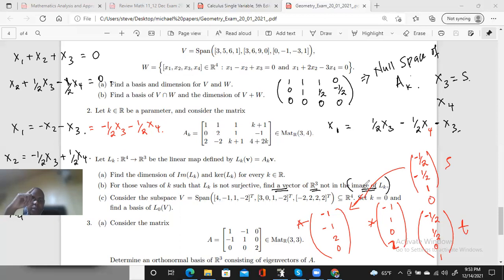The first case was when k equals -1, and in that case, the dimension of the image was 2 and the dimension of the kernel was 2. When k was not equal to -1, the dimension of the image was 3 and the dimension of the kernel was 1. So for any other value k not equal to -1, the dimension of the image is equal to the codomain, and so Lk is going to be surjective.